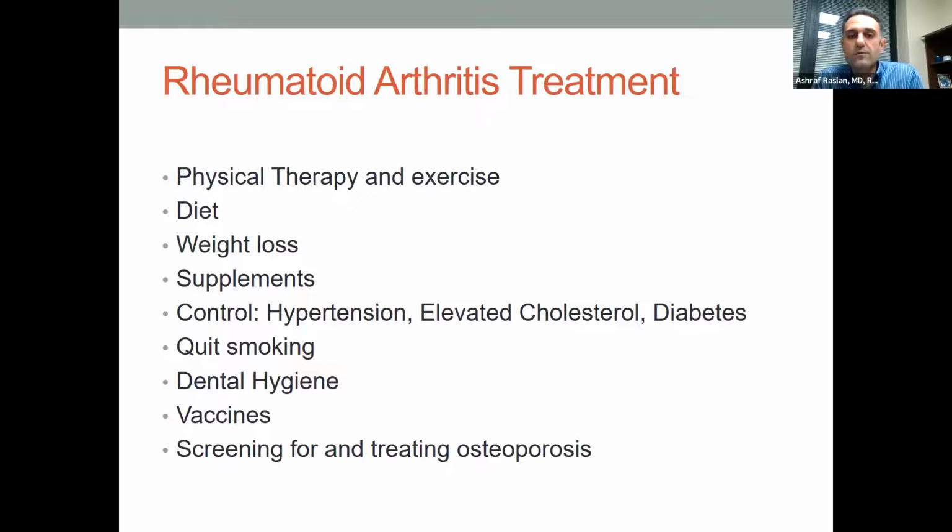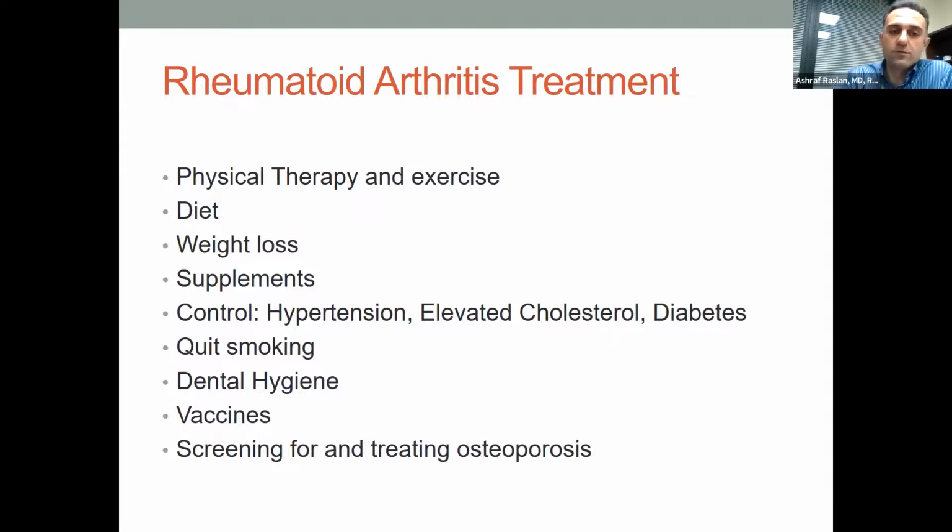It's good to take a vitamin D supplement every day, usually between 1,000 to 2,000 units daily. Turmeric or ginger could be supplements that can decrease inflammation, and so these could be added as well.